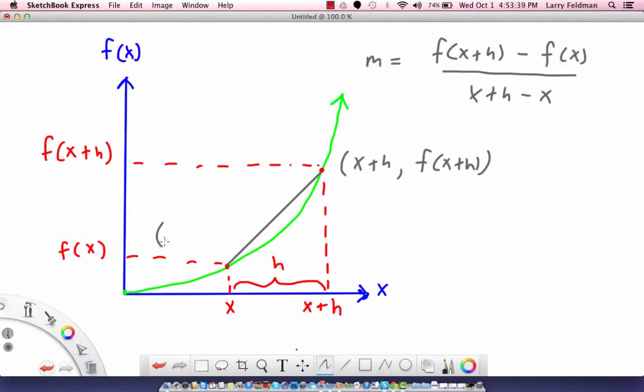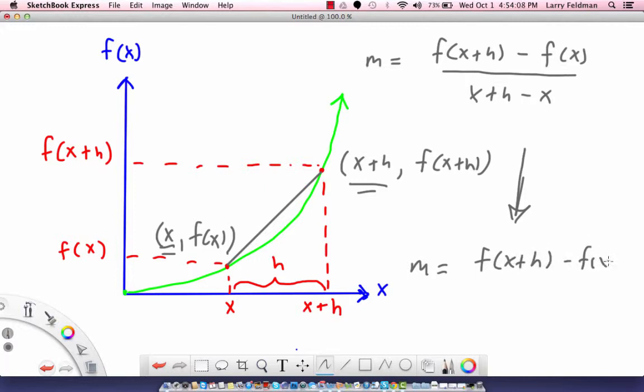This point has coordinates x, f of x, and using our slope formula, we take y2 minus y1, so we have f of x plus h minus f of x over x2 minus x1. So that's x plus h minus x. Coming down here and simplifying, we get m equals f of x plus h minus f of x all over, now notice these x's cancel, so we're left with h.